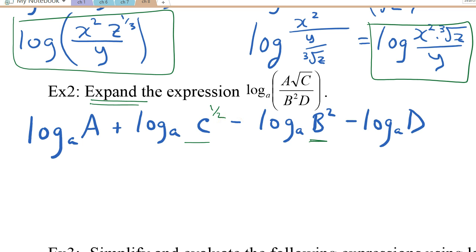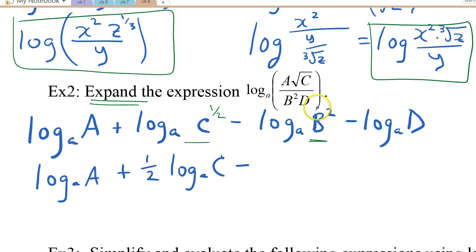Okay, so now if I'm going to rewrite that, I could write log base A of capital A plus, now remember how this works, C to the power of 1/2 is the same thing as multiplying the log by 1/2 and then only having C as the argument. Okay, minus, and I think you'll see this is very similar, instead of B squared it's going to be 2 times the log base A of uppercase B, and then the last expression here is the same. So there is my answer.